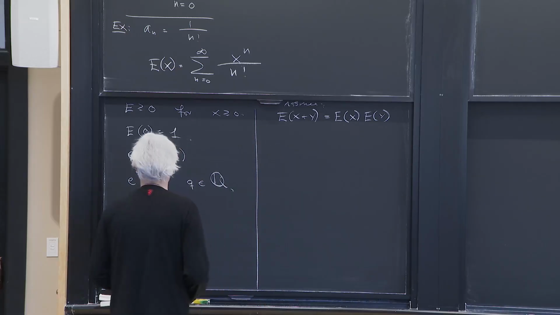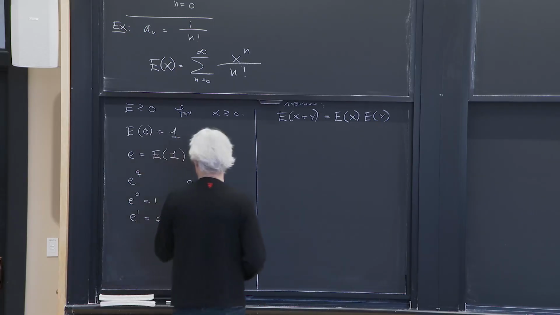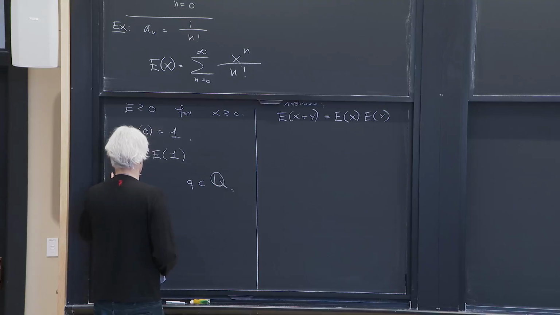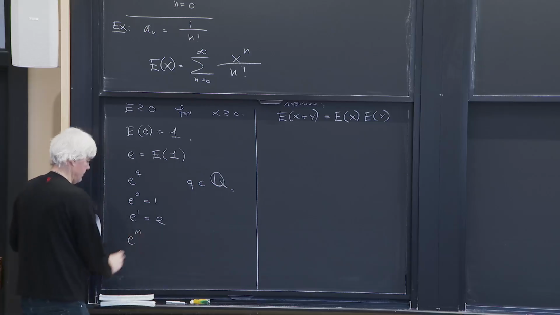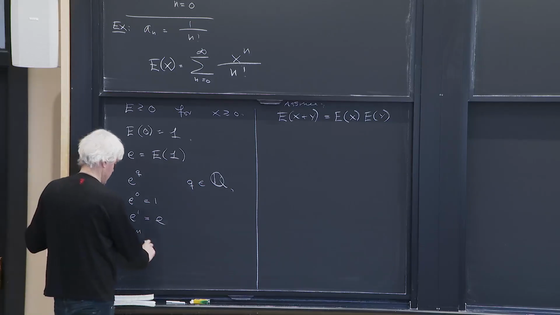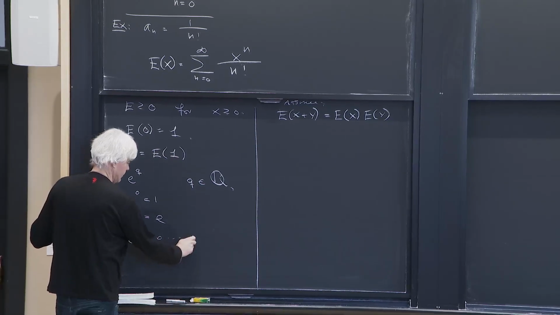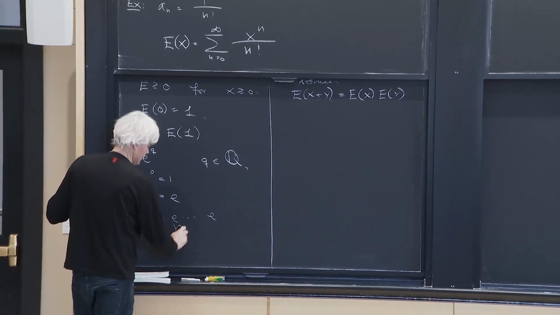And then we saw, right, so this function based on the little e, in particular e to some power m, if m is an integer, is just e times itself, m times.